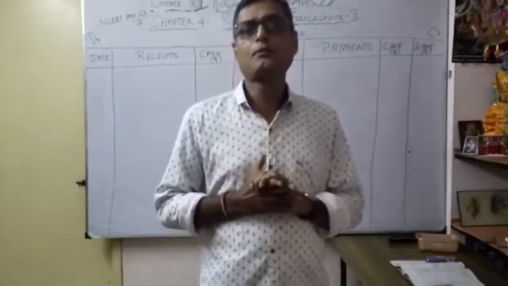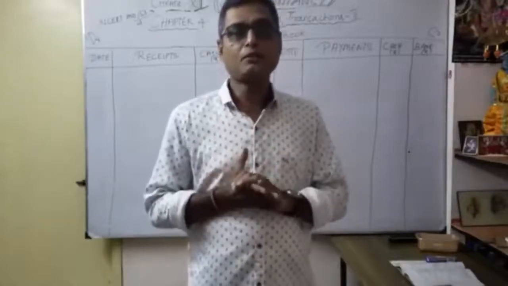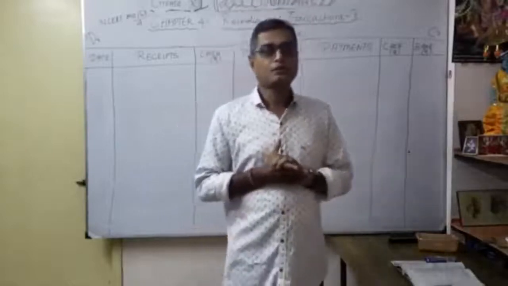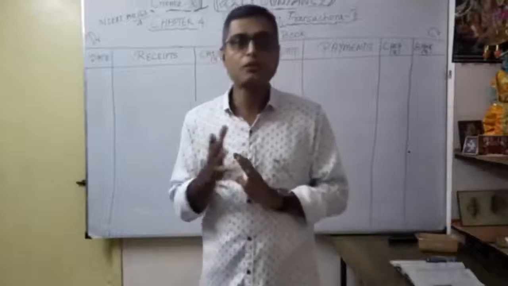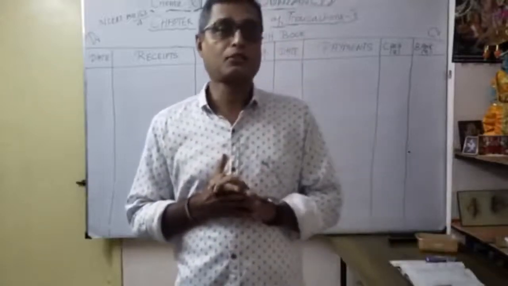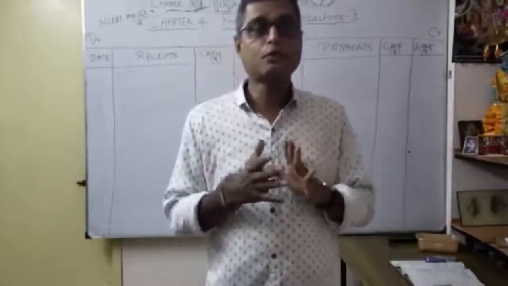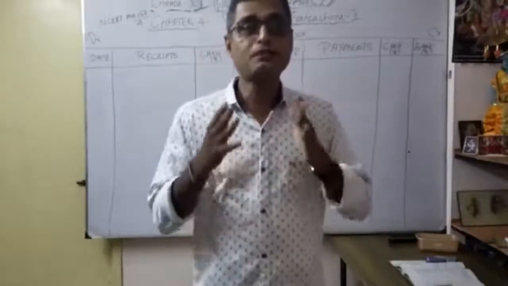What is a double column? In a single column cash book, any cash transaction we can enter into the cash book. What is a double column cash book? We also include bank transactions, so there is no need to open a separate bank book. In a cash book, you open cash and bank dealings.